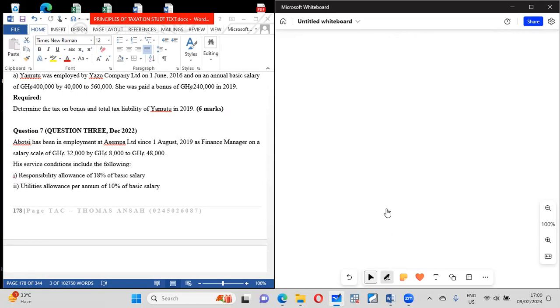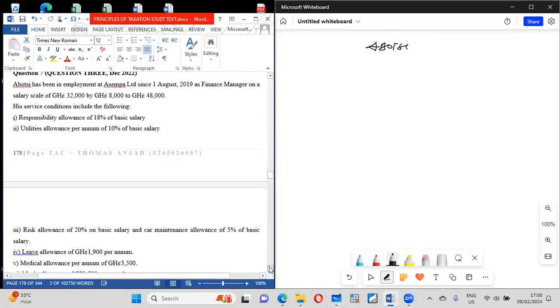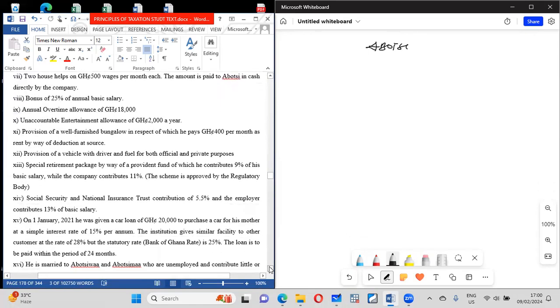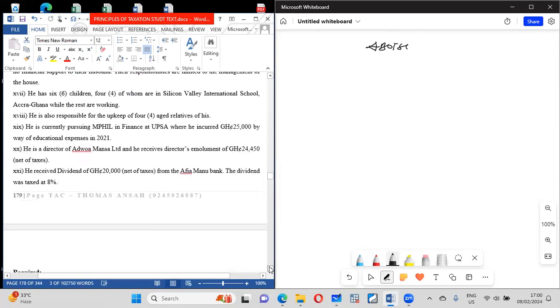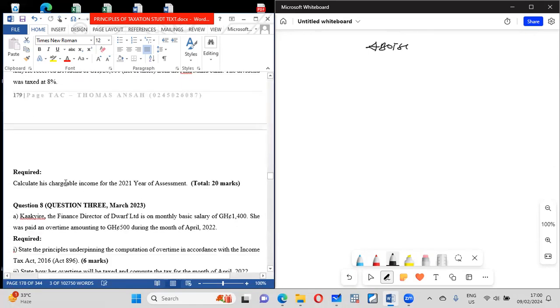So we have Abochi. All right. Then what is the requirement of the question? Plenty of information in there. Computation of chargeable income.